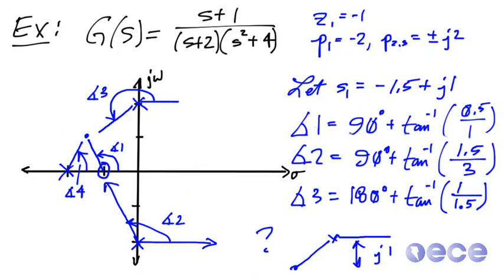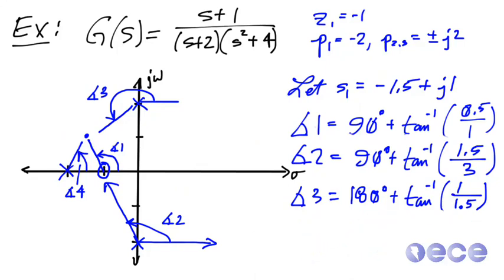So we have a difference in height from s1 to the pole of j1, right? So we're higher by 1 on the imaginary axis. And we're further to the left by 1.5 because the real value is minus 1.5 and our pole's originally on the j omega axis.